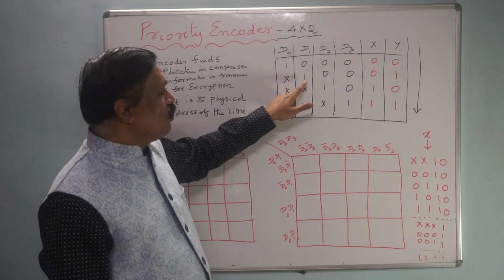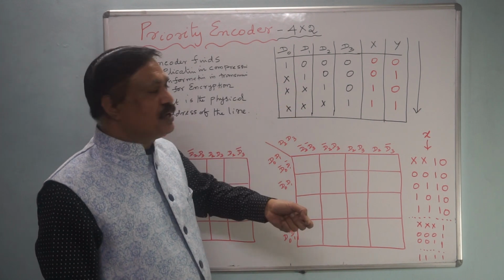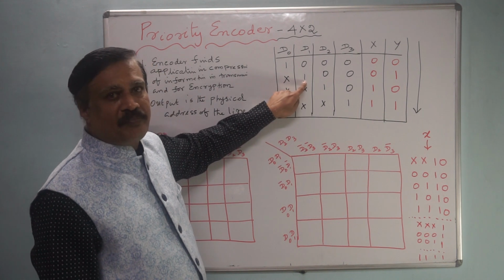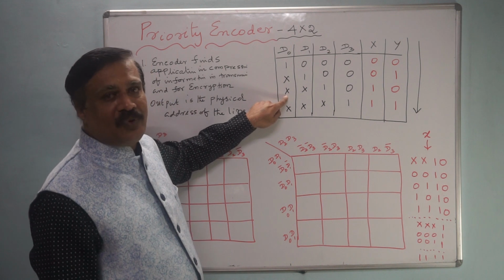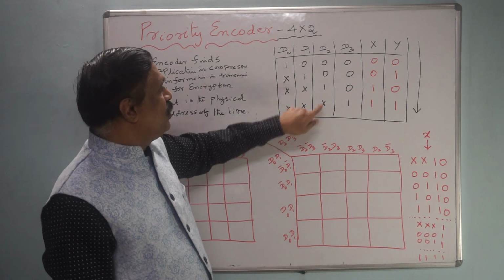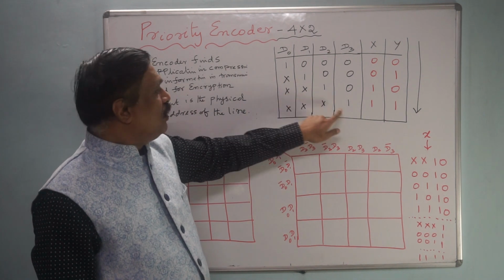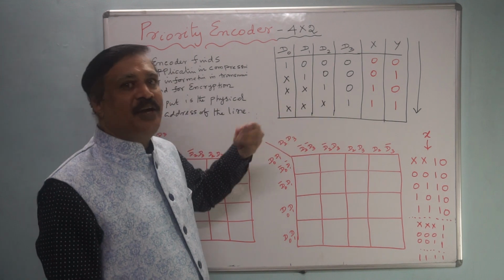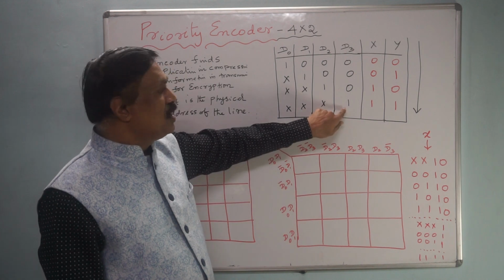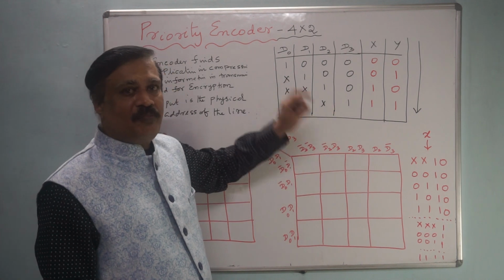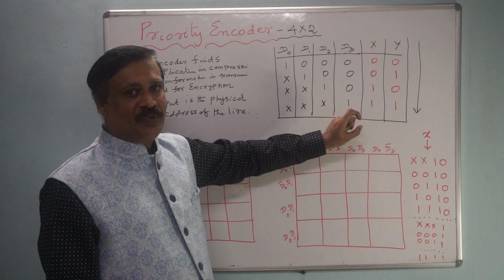If both are 1, then the output will be generated for D1 only. If all 3 are 1 here, then the output will be generated for D2 only. If all 4 are 1, or any 2 are 1, then the output is generated for D3 only. That is a priority encoder. Got it?